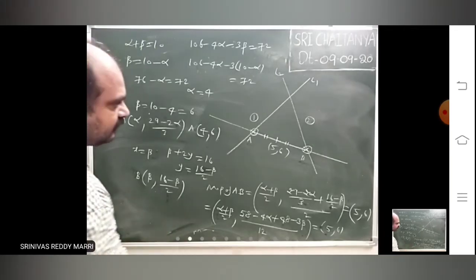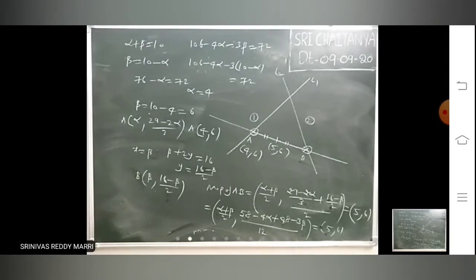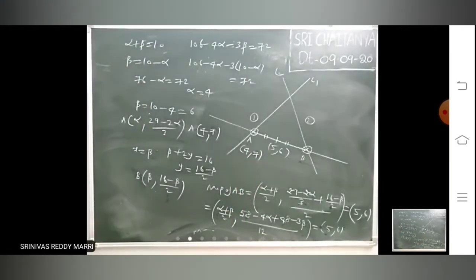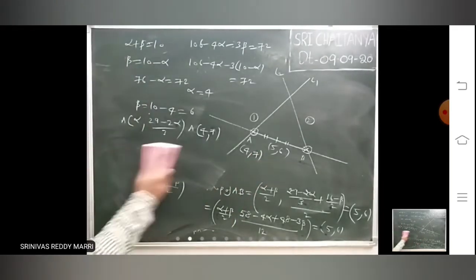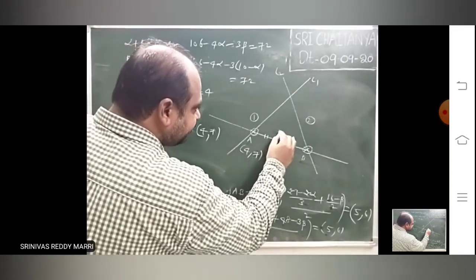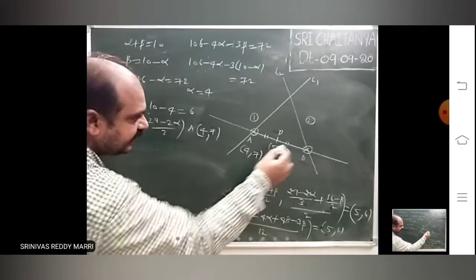Now A point, you know, no need to calculate B because 2 points, you know, here. So A point, and that midpoint, let us say D. These 2 points are sufficient now. So therefore, 2-point form is asking to find the line.